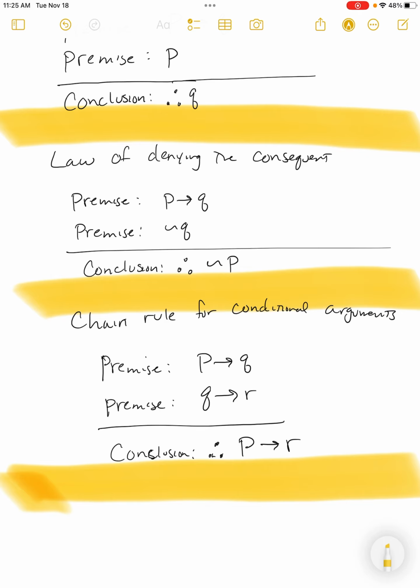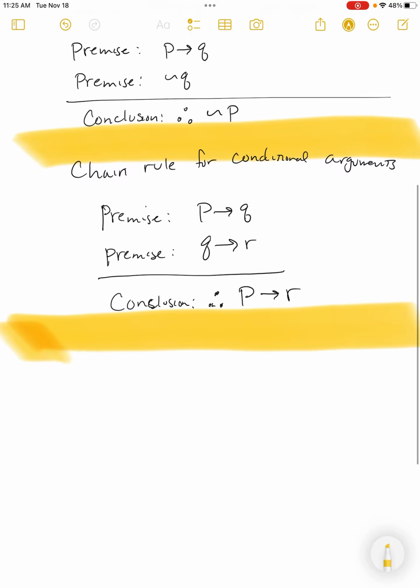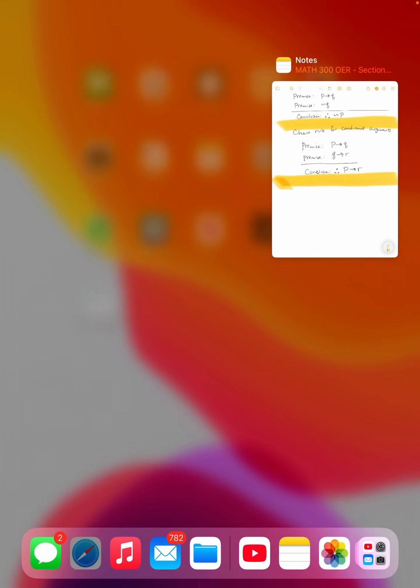So as we go into the homework, and you're basically doing the whole section, it says for the following exercises, analyze the argument and identify the form of the argument and determine whether we're denying the consequent, the chain rule, or if we're using the law of detachment, which one's being used. So I'm going to try something really quick.